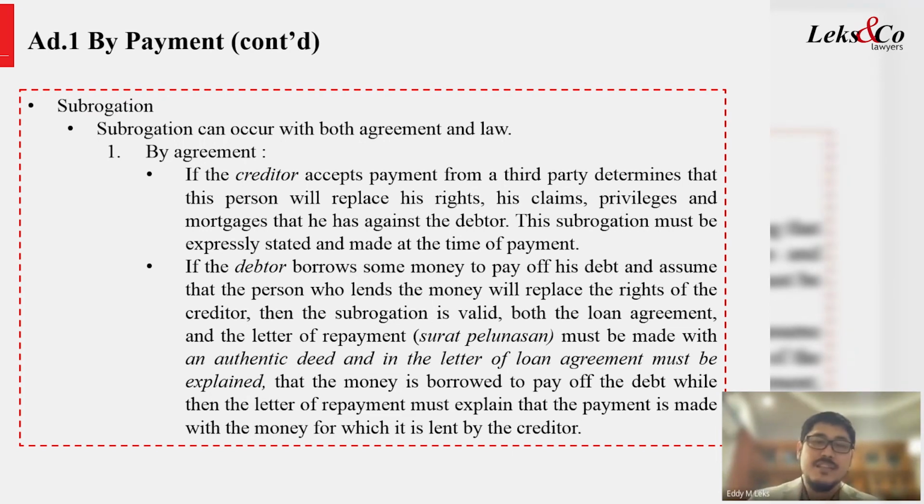The second category, debtor finds a new creditor, where this new creditor will sign an authentic deed. He borrows money, stating that this money will be used for payment to my existing creditor. So this new creditor will then replace the position of the old or existing creditor. So this is the subrogation by agreement.